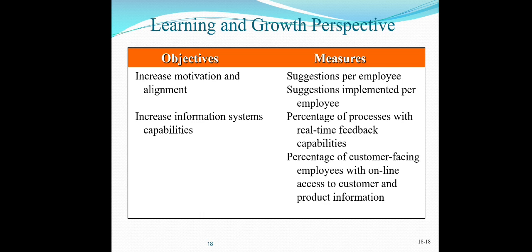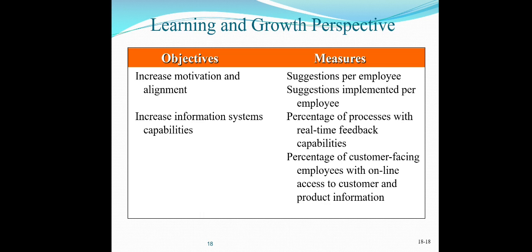Increase motivation and alignment is the next objective that can be used if you design a balanced scorecard approach for a business. So the objective can be increase motivation and alignment, increase information system capabilities.